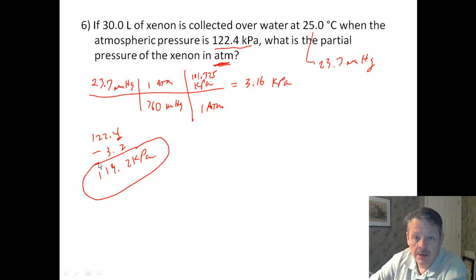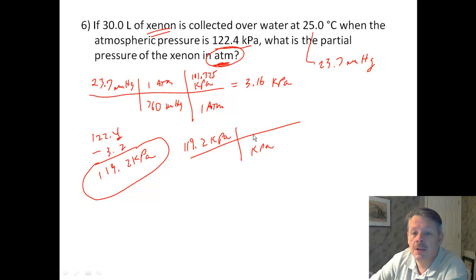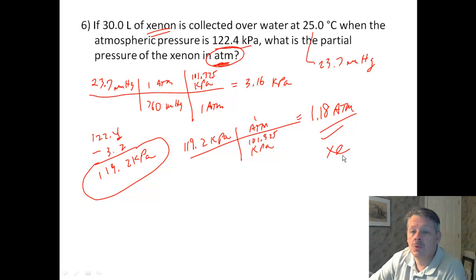So that is the pressure of xenon. Well, now I have to convert that. I'm asked for my answer in atmospheres. So I have to convert from kPa to atmospheres. That's an easy conversion. That's 1 atmosphere per 101.325 kPa. This is slightly more than 1 atmosphere. It ends up being 1.18 atmospheres is my answer for xenon.